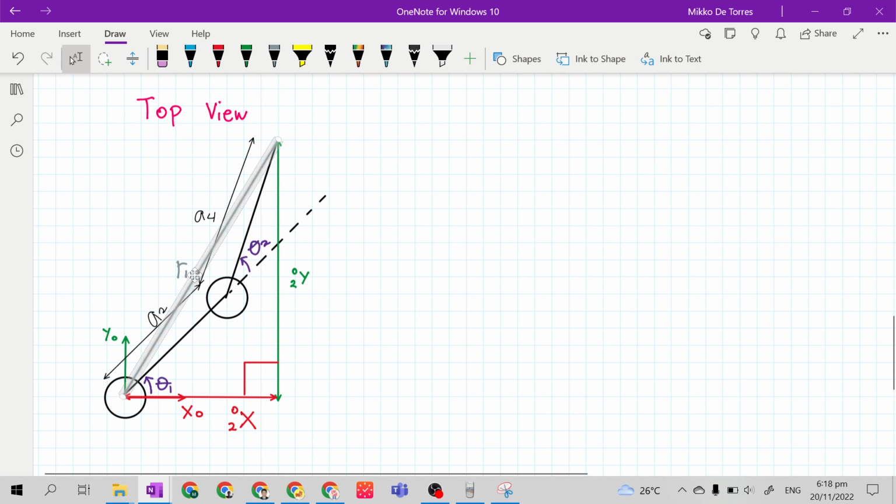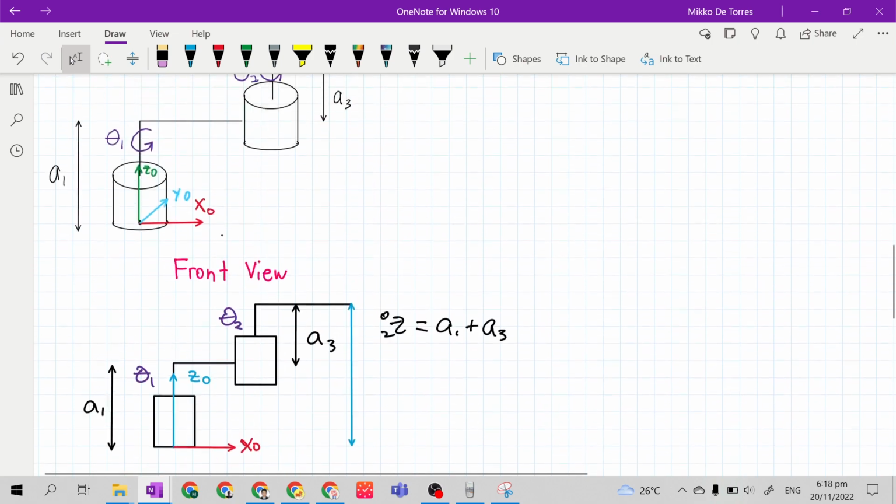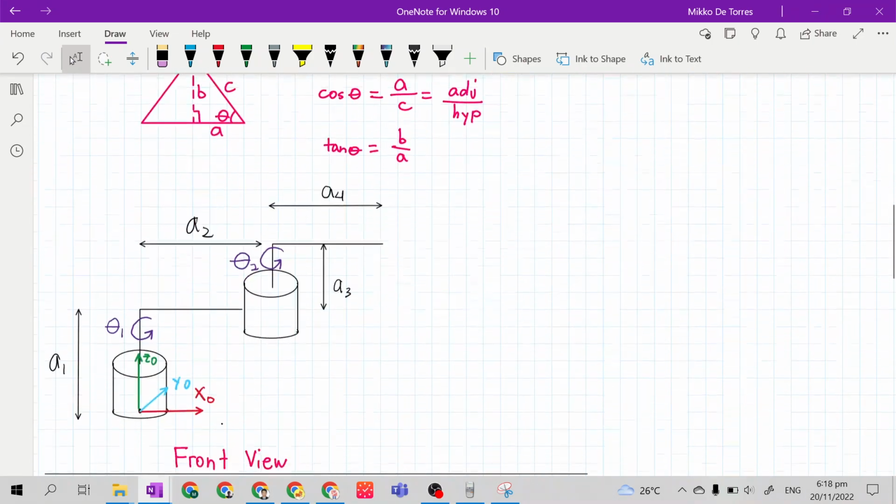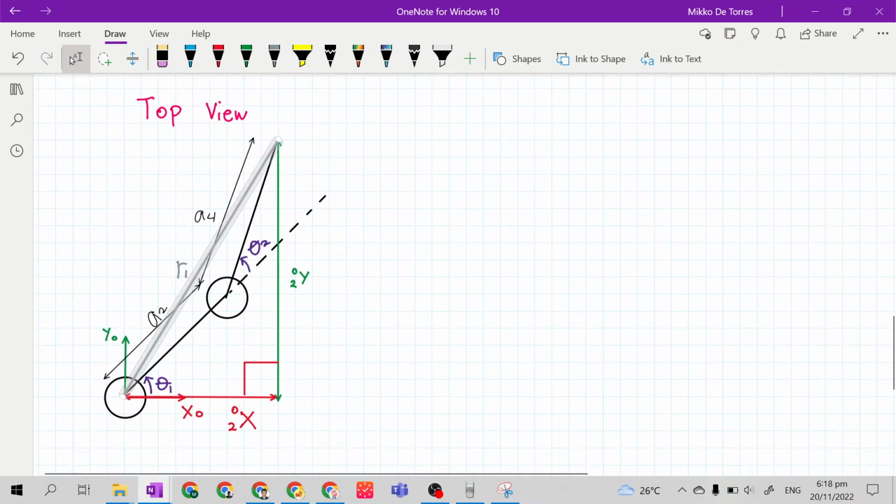R1 is not given yet. If we know R1, the law of cosines will be easy to use. So to get R sub 1, we will use the Pythagorean theorem. R1 is equal to the square root of x02 squared plus y02 squared.